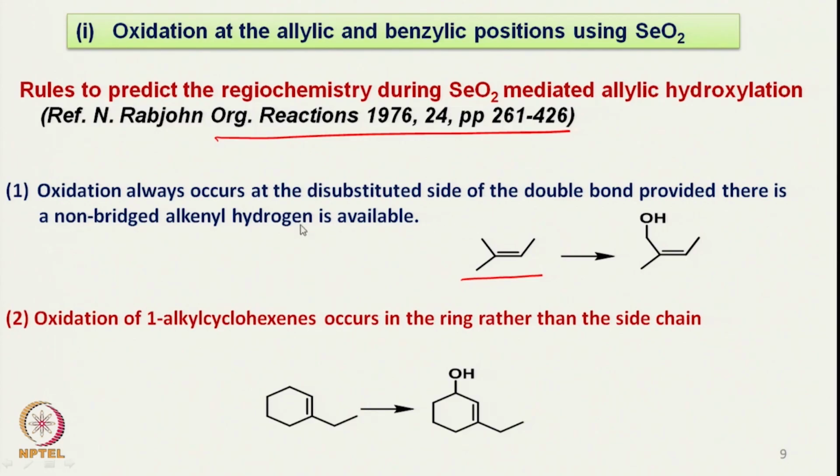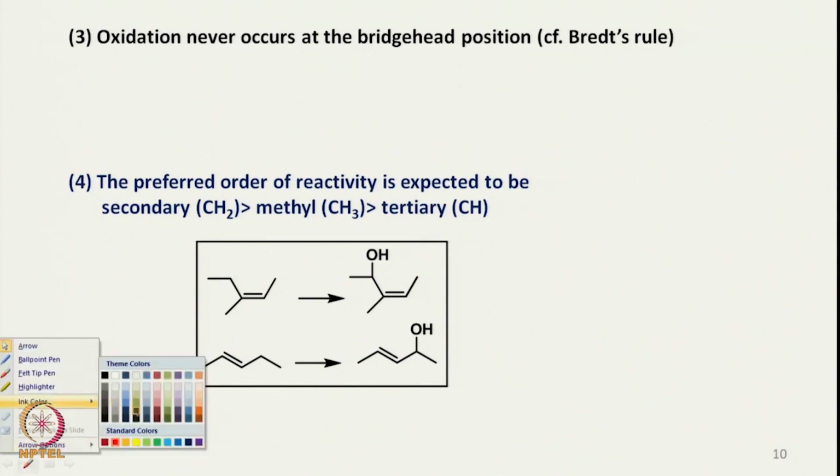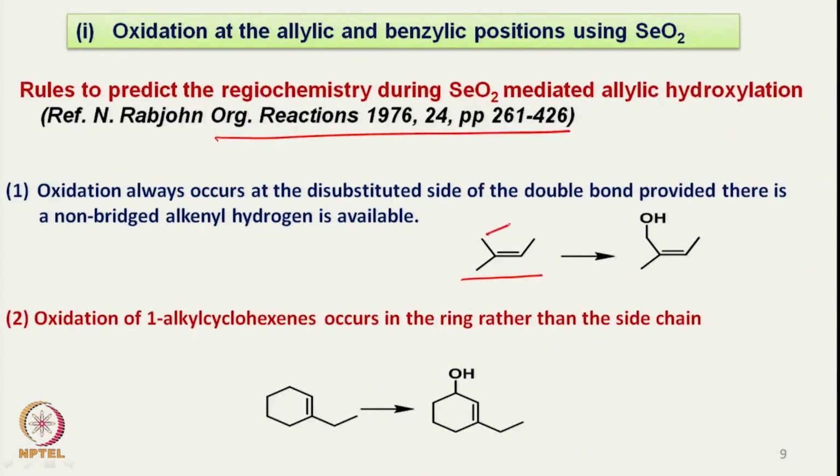So, oxidation occurs either at this side of the double bond or on this side of the double bond, but not on this side. That means the oxidation always occurs at the disubstituted side of the double bond.